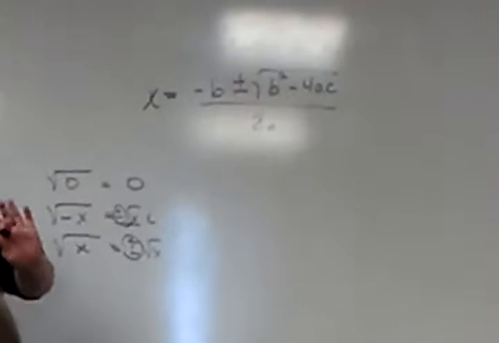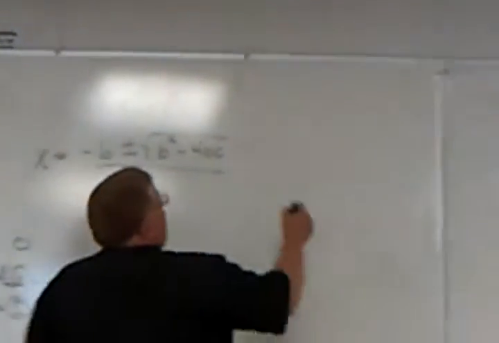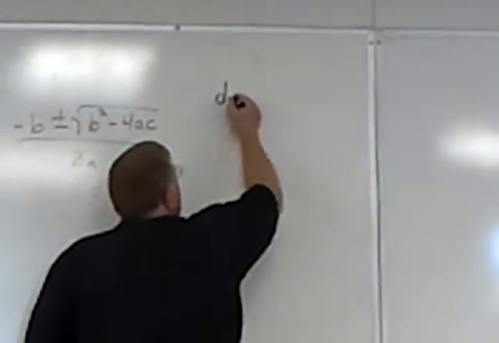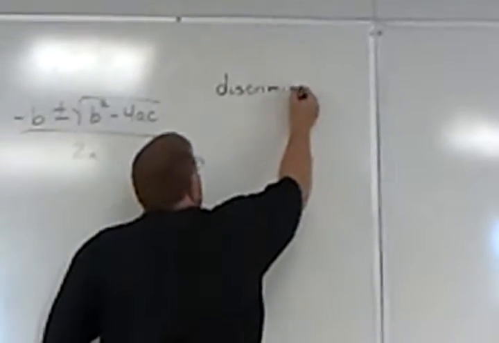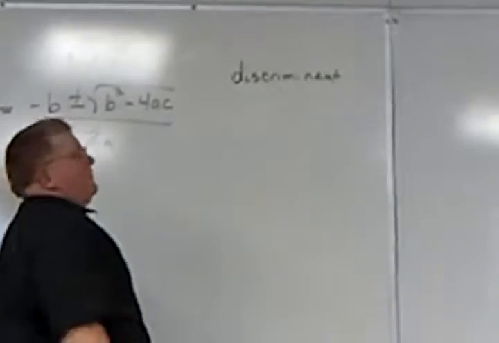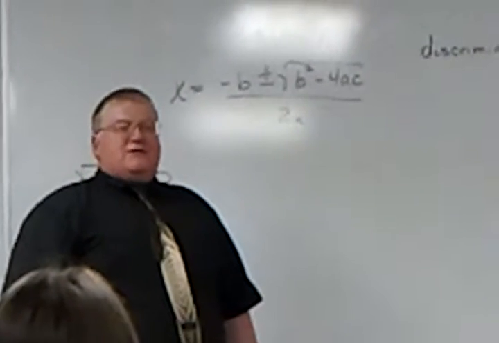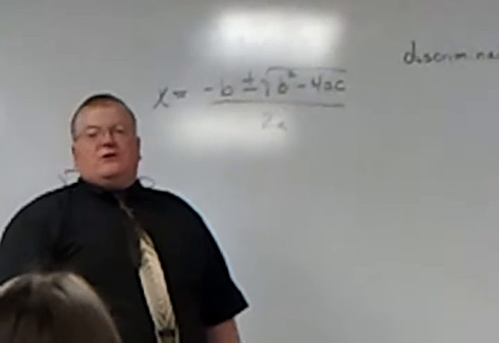That being said, let's take a look at this equation. Today we have what's called the discriminant. The discriminant is the number underneath the square root.